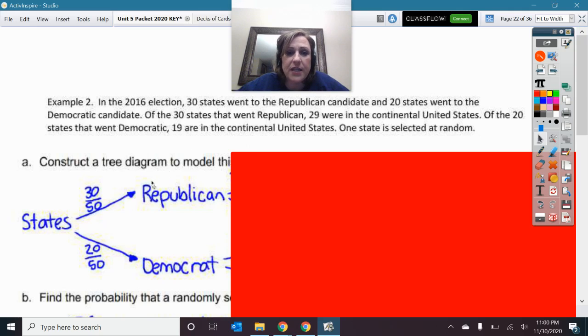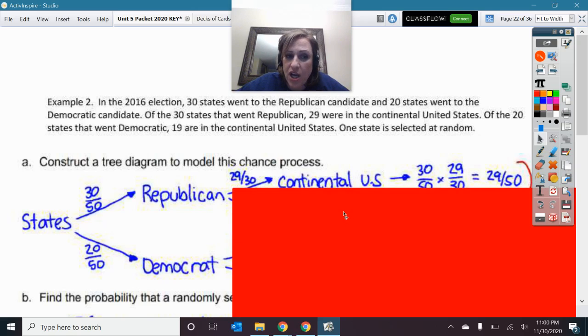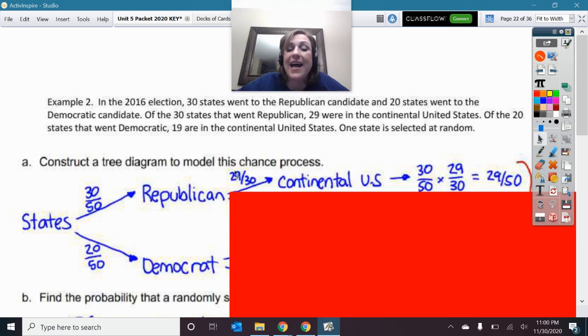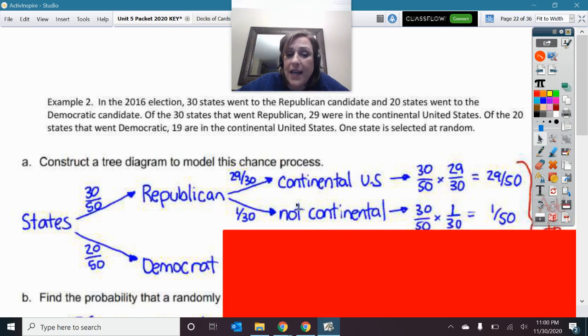Of those 30 states, conditional upon you being one of those 30 Republican states, 29 of them were in the continental United States. So 29 of those 30 were continental US, and 1 out of those 30 was not continental US.